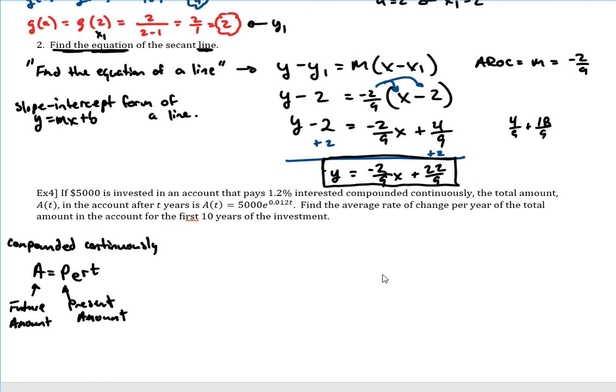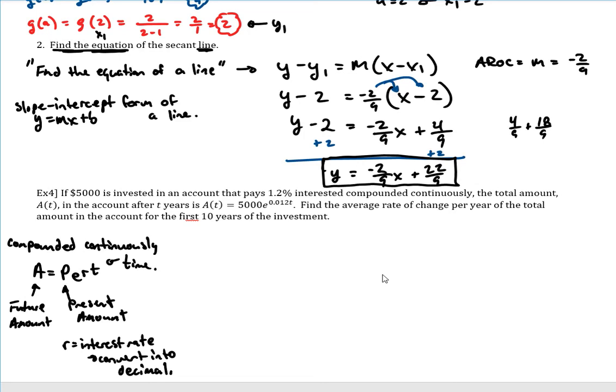R is the interest rate, but converted into a decimal. So in this equation it's 0.012, and then t would be time. Just in case we need it, it's a nice formula.